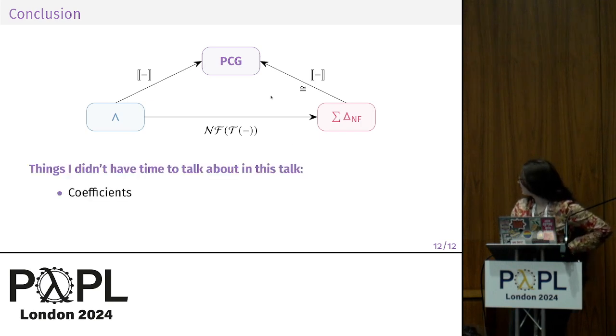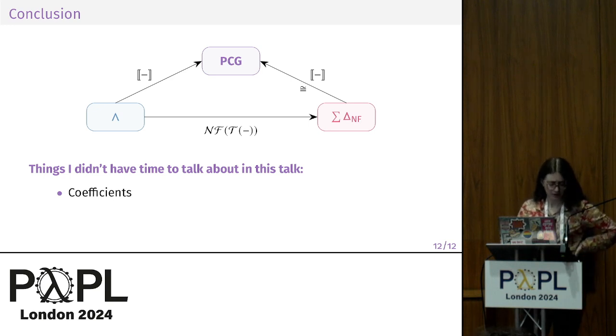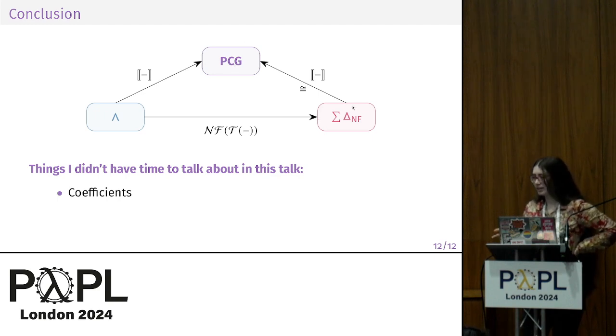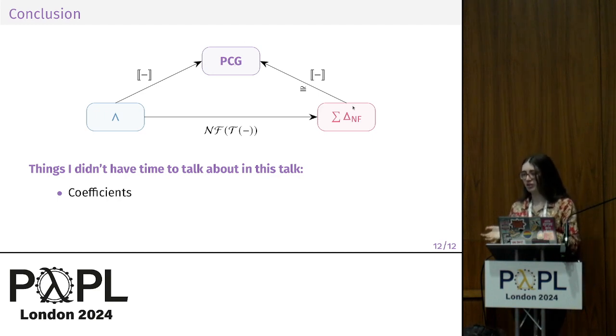And so I could have mentioned, actually I talk way faster than I expected, so maybe I have time. But I expected not to have time to mention coefficients in pointer concurrent games, because I said that Taylor expansion is defined with coefficients, and I just didn't say anything else about it.